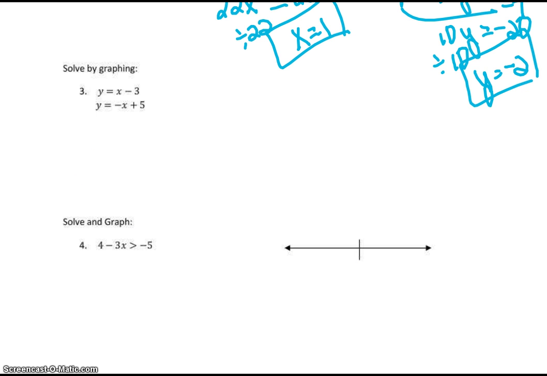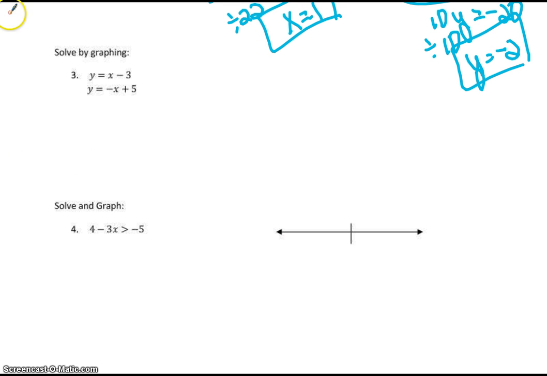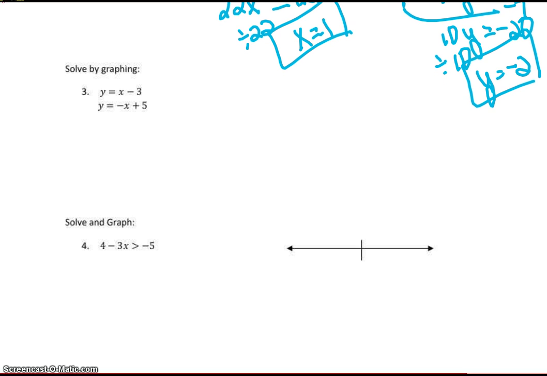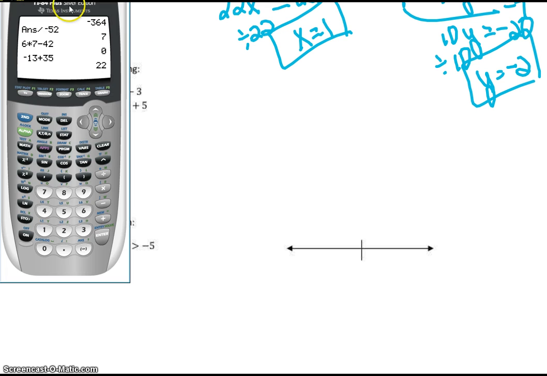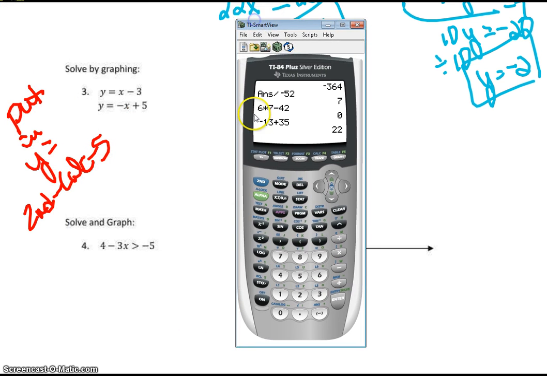Number 3 wants you to solve by graphing. So what this means is that you're going to put it in y equal, and you're going to do second calc 5. So go to your calculator, go to y equal, clear it out. And the first one is going to be x minus 3.